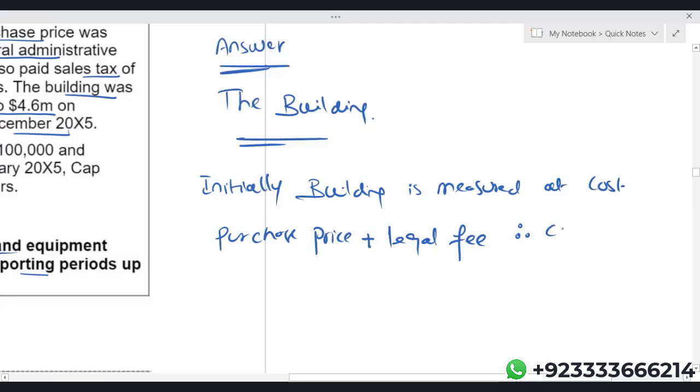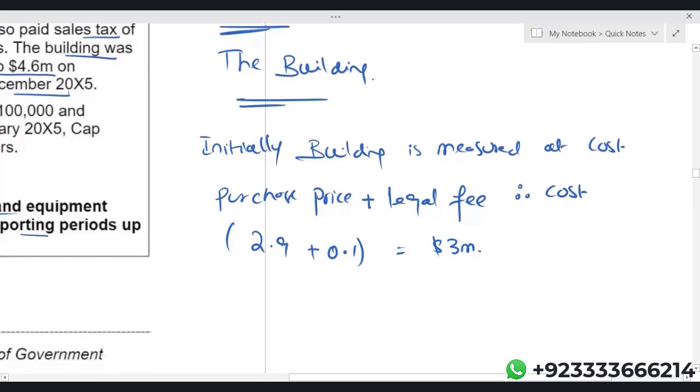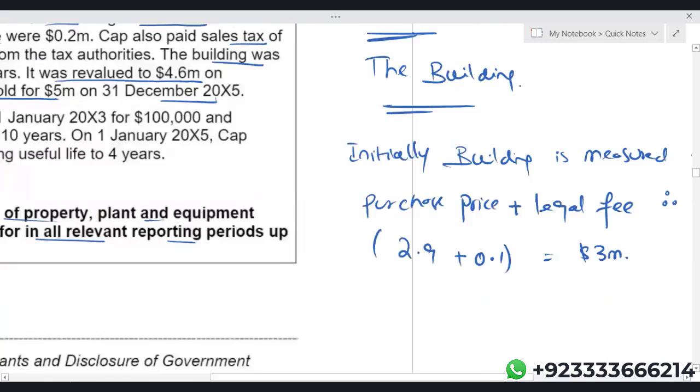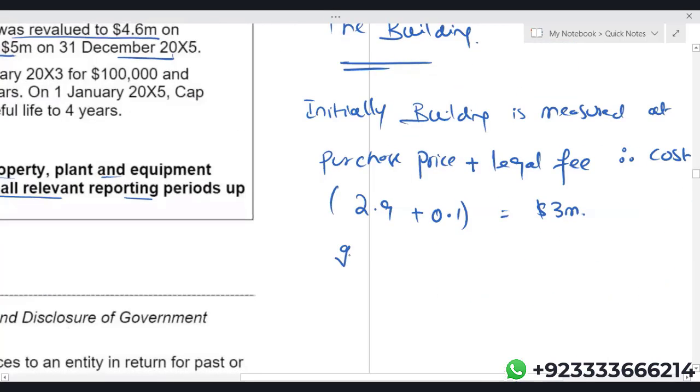Therefore, the cost is 2.9 plus 0.1. It is 3 million. Then obviously general administration cost is expensed out.